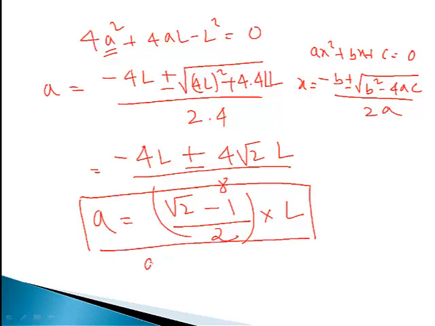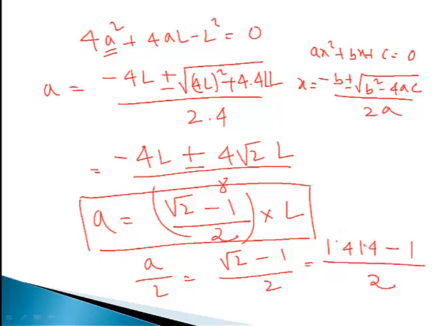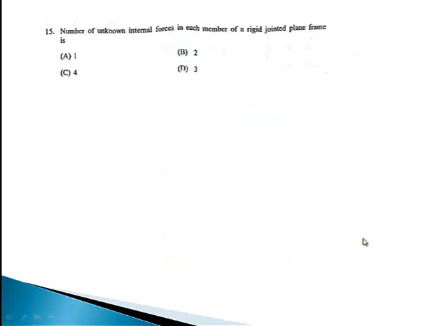So what will be A by L? It will be (root 2 minus 1) by 2. Root 2 you will get around 1.414, you should know the value, or you can just use the calculator. If it's not allowed, you can just remember root 2 equals 1.414.